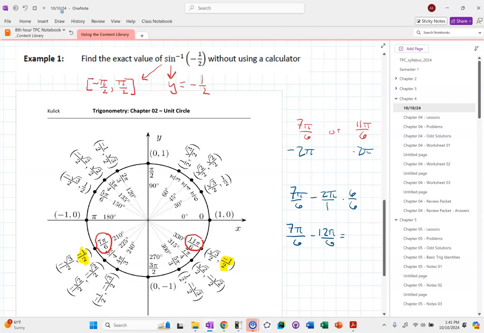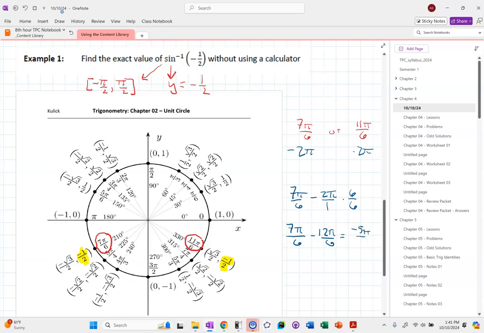And then how do I subtract the two fractions once I've made a common denominator? It's like a 5th grade question, guys. How do I subtract the two fractions now that I've made a common denominator? Subtract the numerators. So 7 pi minus 12 pi is? Close. -5 pi.